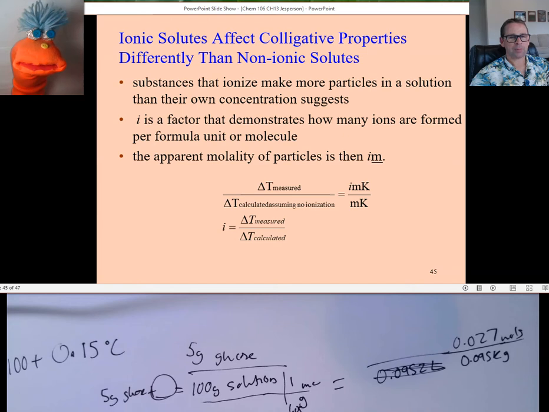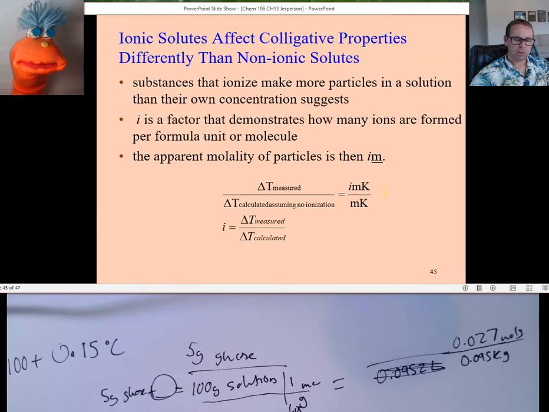Okay, now we've talked about how the resulting molality of a solution will change the boiling point and melting point of a resulting solution, right?